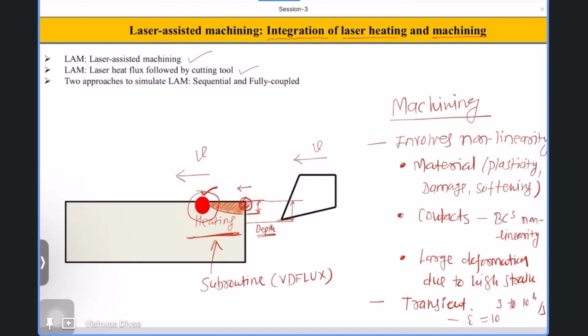That is the strain rate, so very high. So due to all of these complexities, the machining problem is very difficult to solve with an implicit method, and definitely we need to go for an explicit solver.